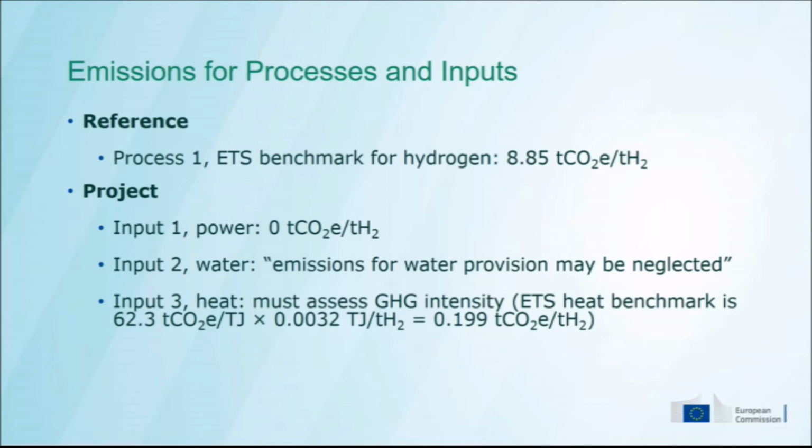So your greenhouse gas emissions associated with your power is zero. We have some water coming in, but under the rules of the Innovation Fund, emissions for water provision may be neglected. Input 3, heat. You have to assess the greenhouse gas intensity of the heat. And we have an ETS benchmark for heat, and it comes to 0.199 tons of CO2 equivalent per ton of hydrogen. So next slide, please.